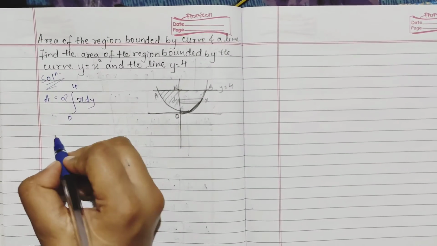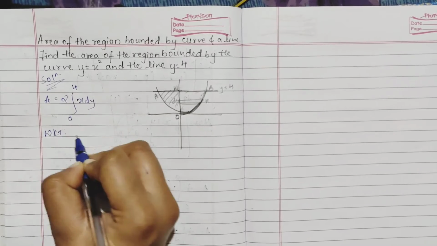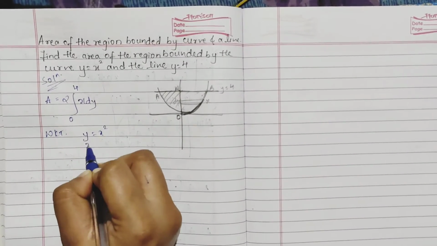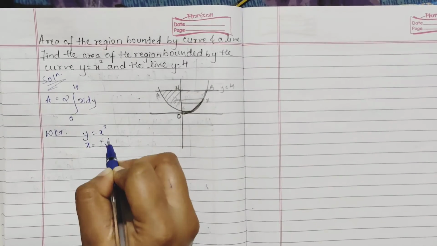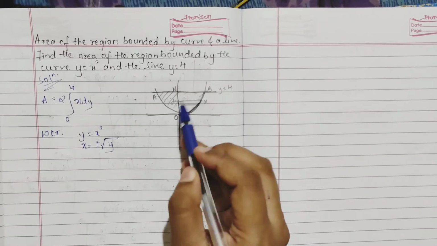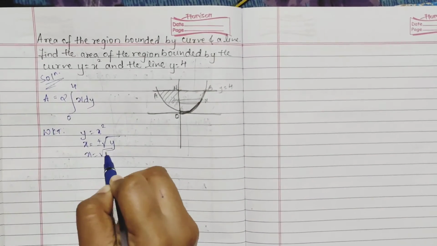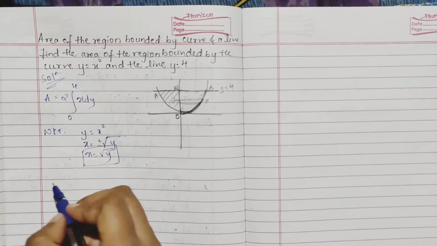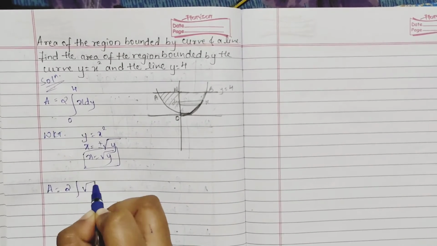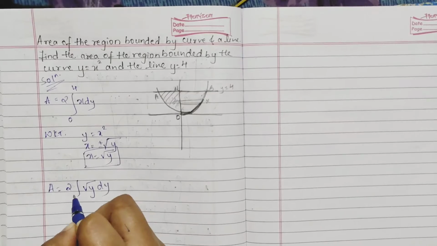We know that y is equal to x square. So x is what here? Plus or minus root y, simple. But we are taking the positive side, so x is only root y. Okay. So we will substitute in this. A is equal to 2 root y dy from 0 to 4.